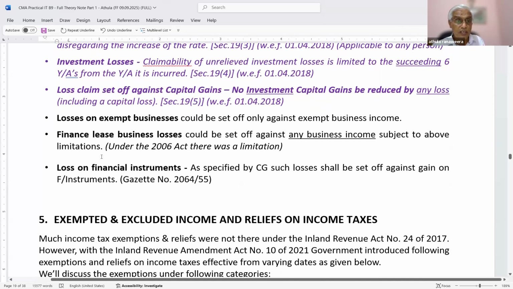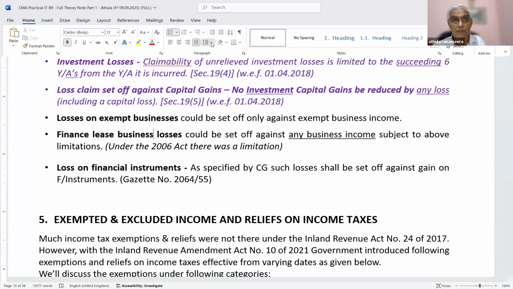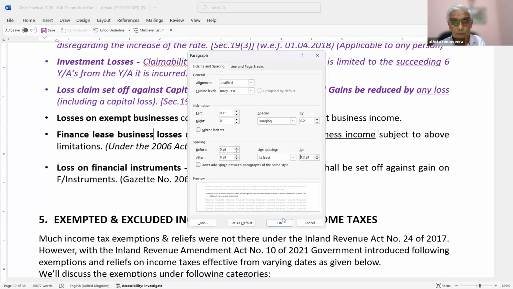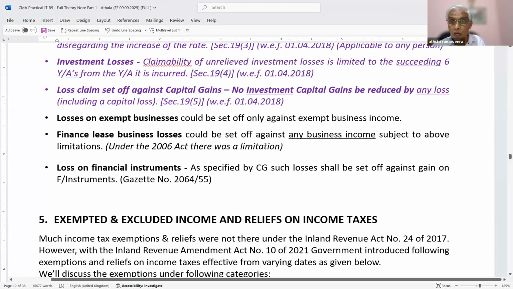Next, finance lease business losses. Finance lease business losses could be set off against any business income, subject to the above limitations.